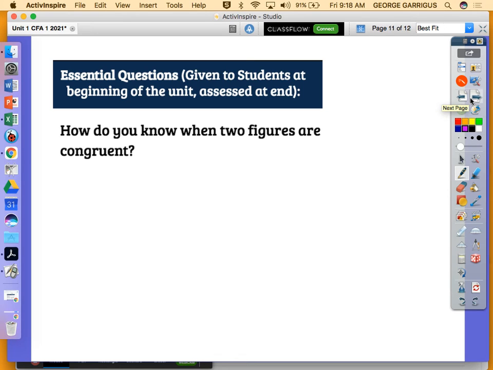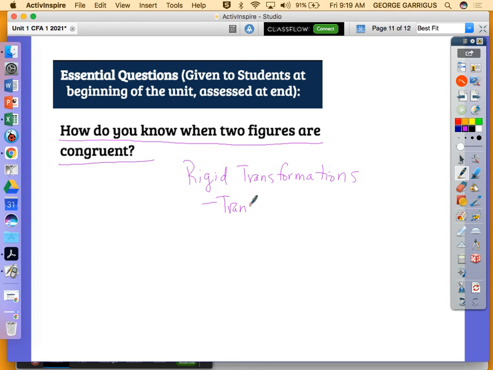And finally, the essential question. How do you know when two figures are congruent? We think about the rigid transformations. They are translate, reflect, and rotate. Now remember, these are rigid.